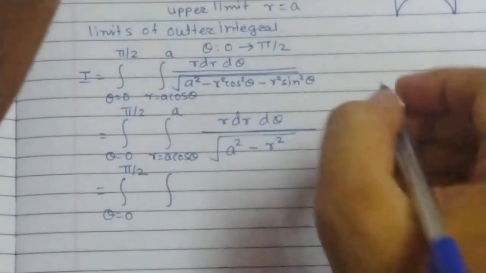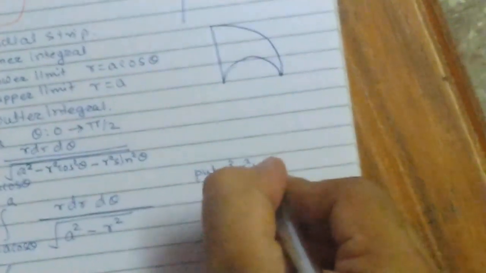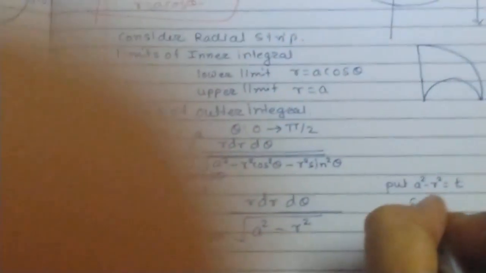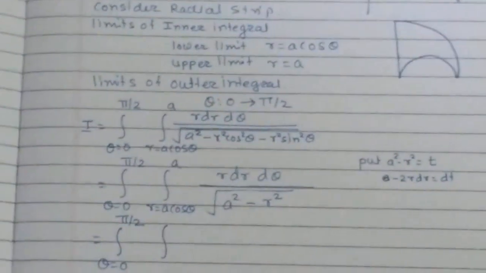To evaluate this integral, we make a substitution: put a square minus r square equal to t. Therefore minus 2r dr is equal to dt.